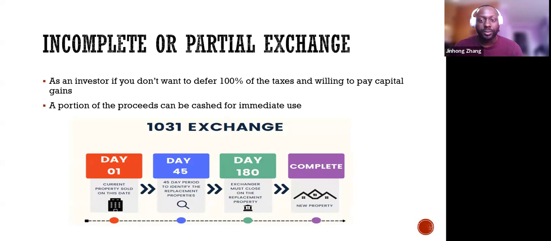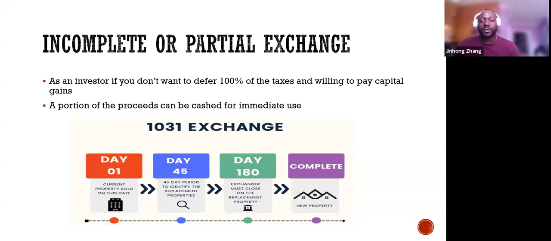All right. So incomplete or partial exchange. As an investor, if you don't want to defer 100% of the taxes and the depreciation, and you're willing to pay capital gains, then you can do a partial exchange where a portion of the proceeds will be cashed, and it'll be available for immediate use.